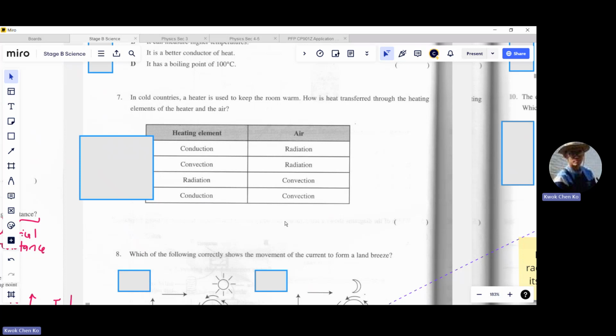Right, come. Next one, better know this too. In cold countries, a heater is used to keep the room warm. How is heat transferred through the heating elements of the heater and the air? Solid, liquid, or gas.